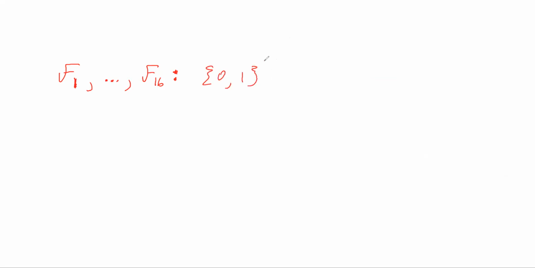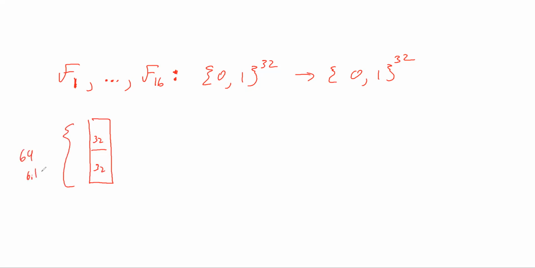They map from, let's say, 32 bits to 32 bits, or 64 bits, or whatever you want to define that to be. So we're going to end up with 32, 32. Let's say we have 64 bits over here.